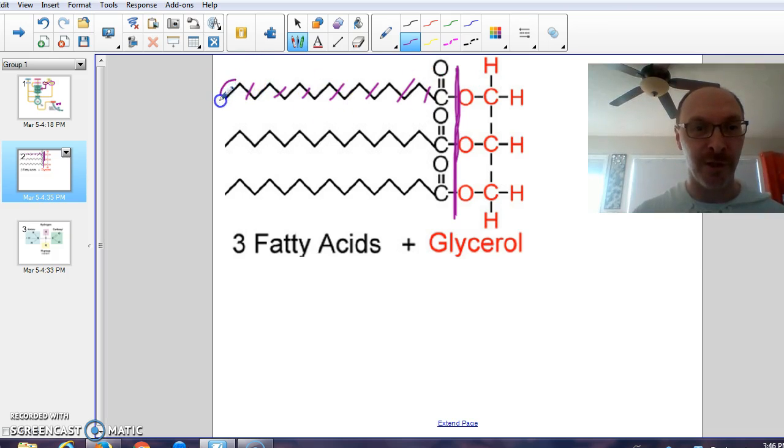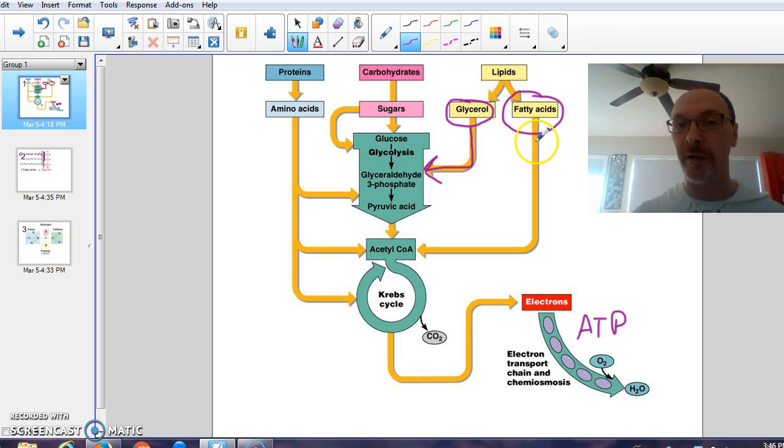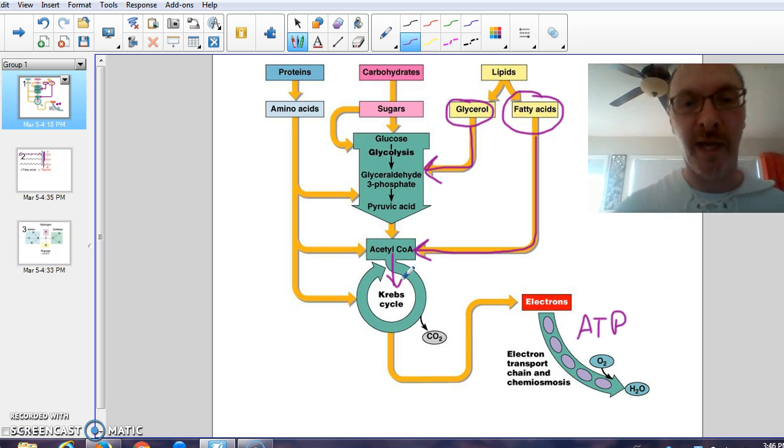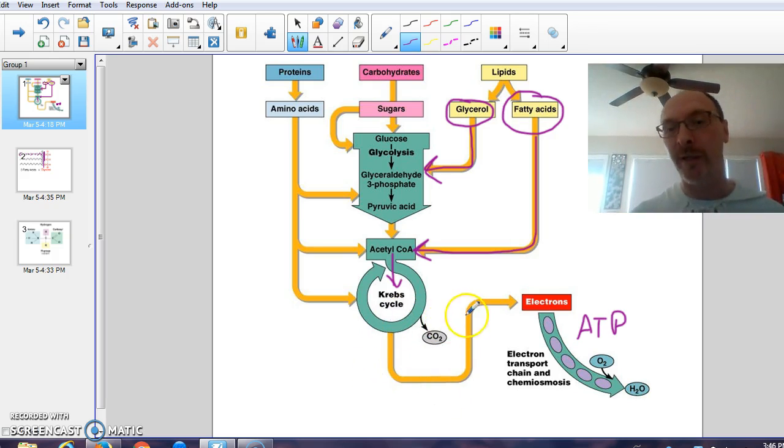Every 2 carbon section, I'll highlight one of them here, is used to make acetyl coenzyme A. And if we go back to this figure, those acetyl coenzyme A's from the fatty acids are fed into the Krebs cycle. Then we get NADH, FADH2, a little bit of ATP made by substrate level phosphorylation, and ultimately we continue the rest of cellular respiration and make more ATP.